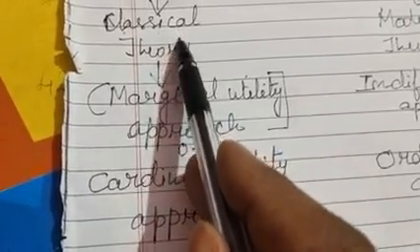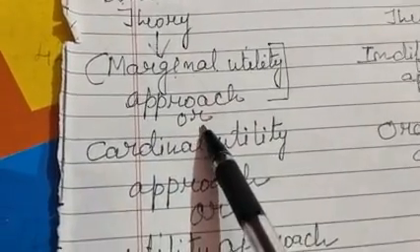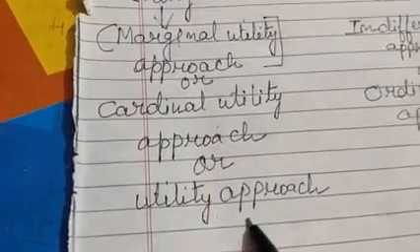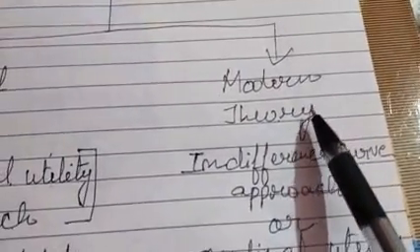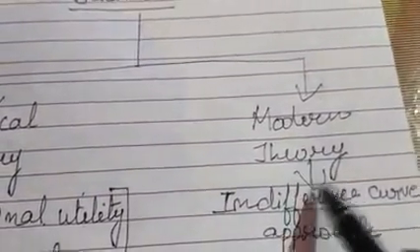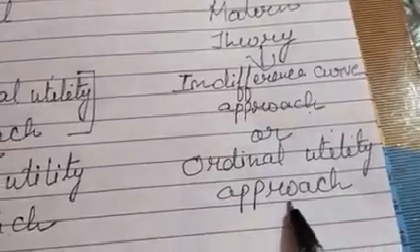Then the second theory to understand consumers behavior is the modern theory, called by two names: indifference curve approach theory or ordinal utility approach theory.